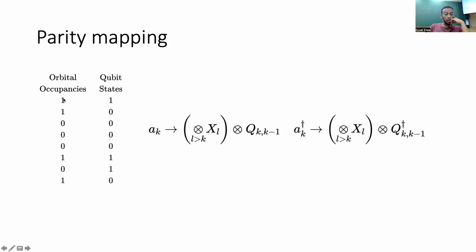So here we have 1, 2, 3, 4 electrons, right? This number is conserved. And in the parity mapping, no matter what we do, the last bit is going to be 0, right? So it's one quantity that is there, so there's some redundant information encoded in this representation.